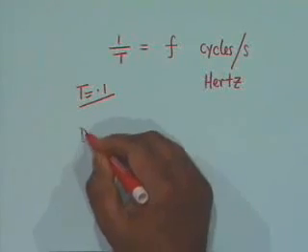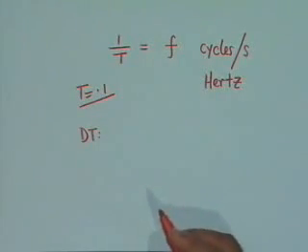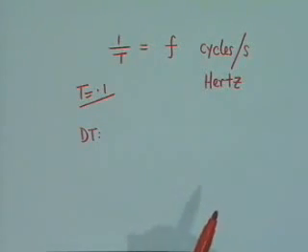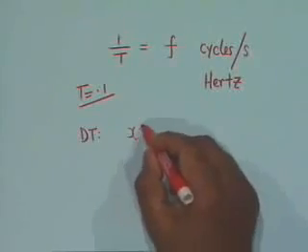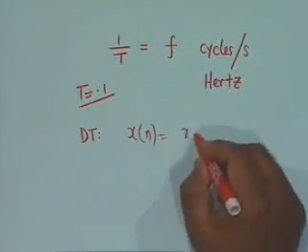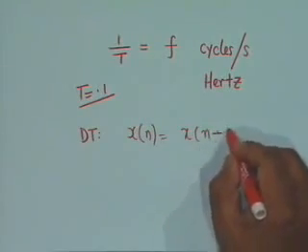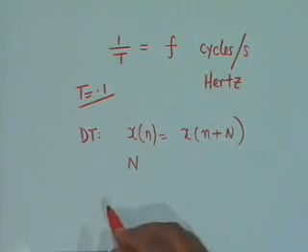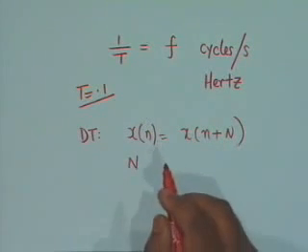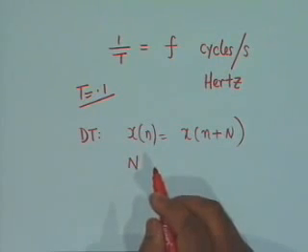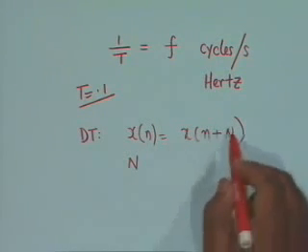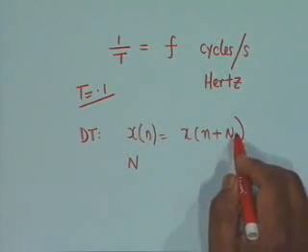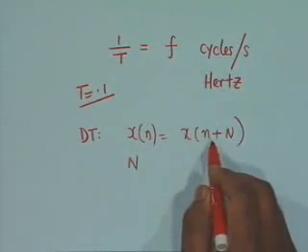In the case of a discrete time signal, the periodicity shall be a little more demanding, and as I said, the definition is okay. X of n is x of n plus capital N, where capital N is an integer, and capital N shall be equal to the period if this is the smallest value satisfying this relation.